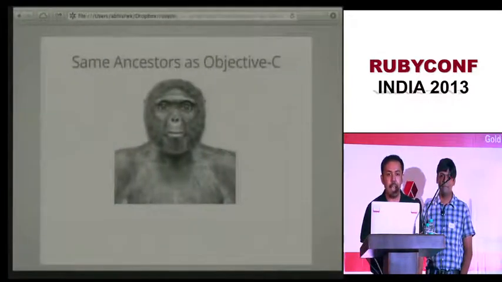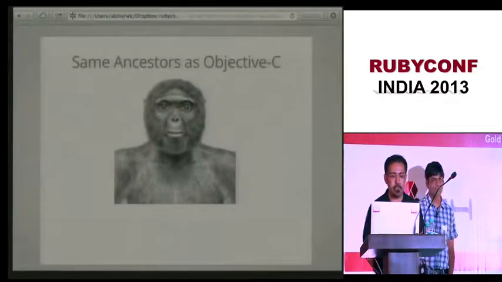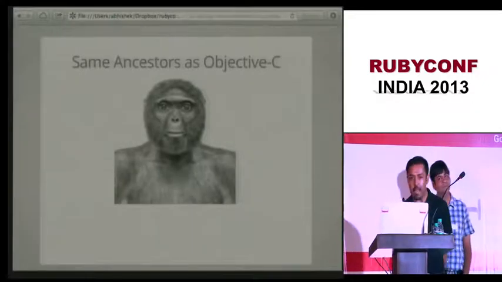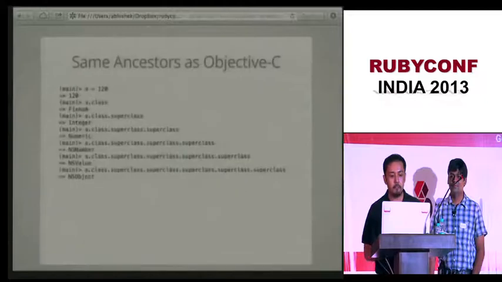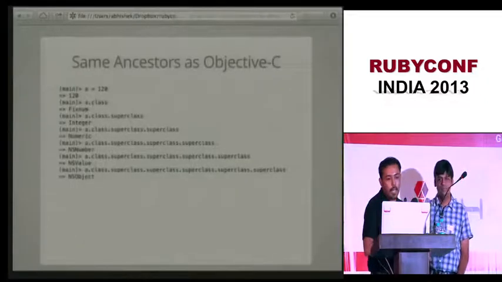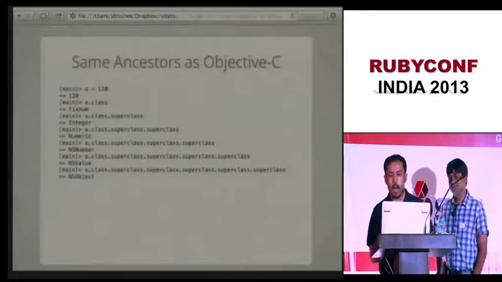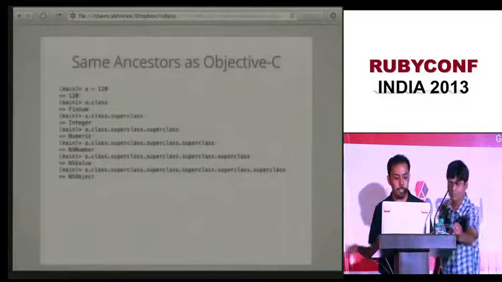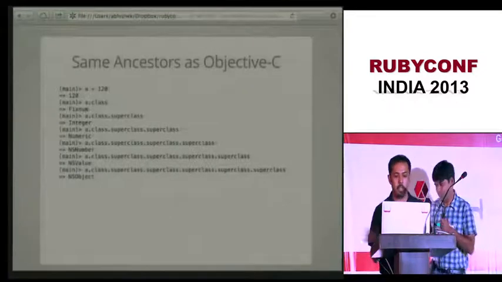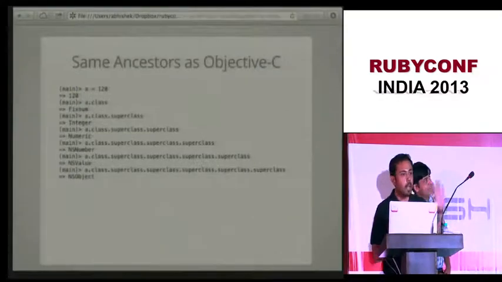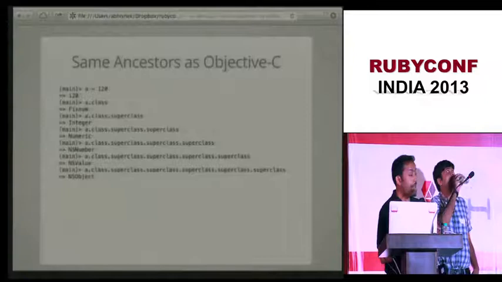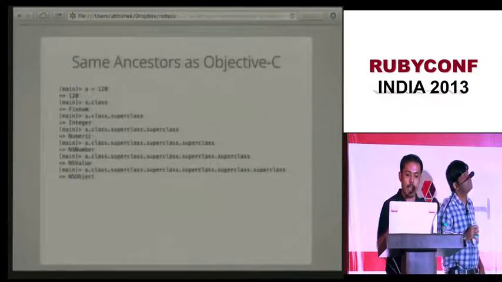What's next is that it has the same ancestors as Objective-C. What does that even mean? You know, it has the same ancestors as Objective-C. Here is an example. In Ruby, if we have a number, it inherits from Fixnum, which in turn inherits from Integer, which inherits from Numeric, which in turn inherits from the main Object class. In the case of RubyMotion, the same thing happens to Numeric.